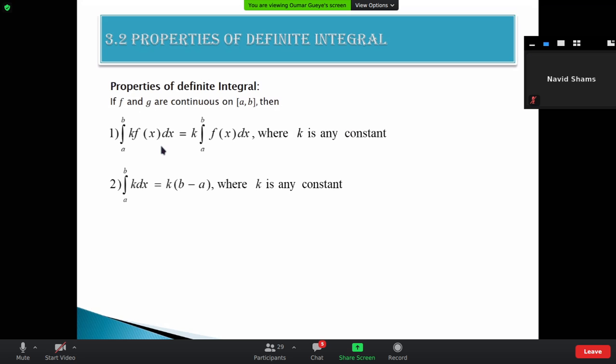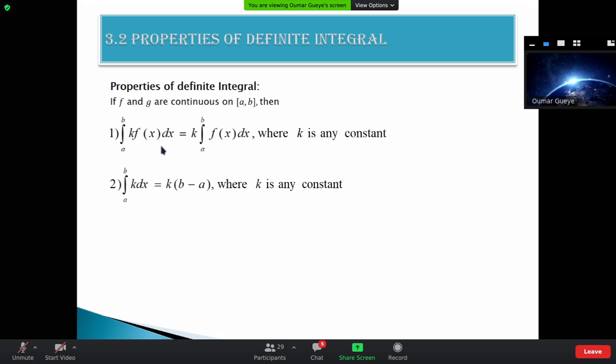So 1. K square? No. Sir, it's a constant. Pardon? K is constant. K square? No, sir, it is a constant value, so it will remain as it is.